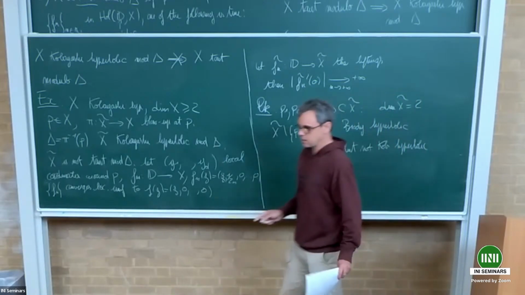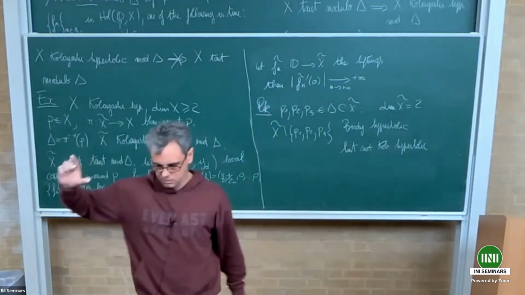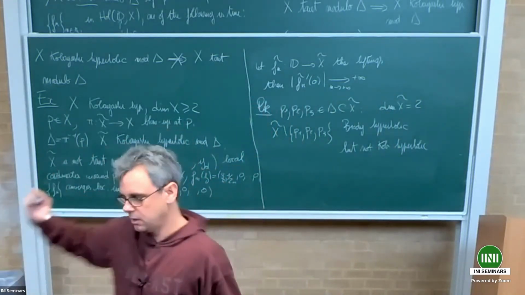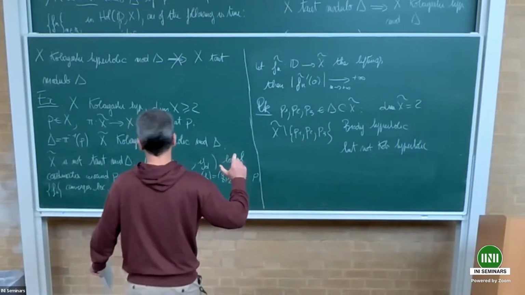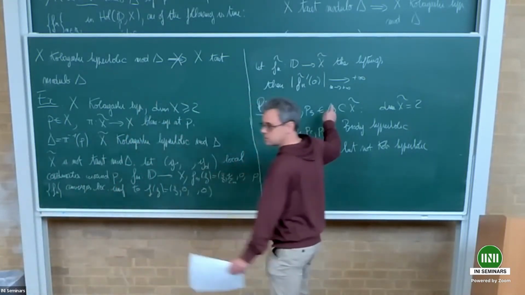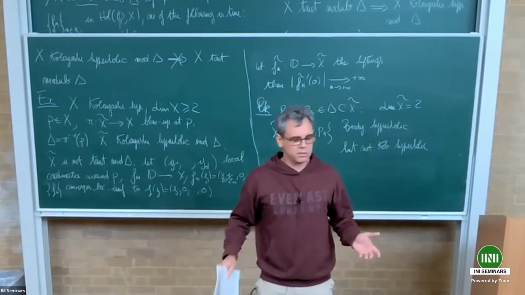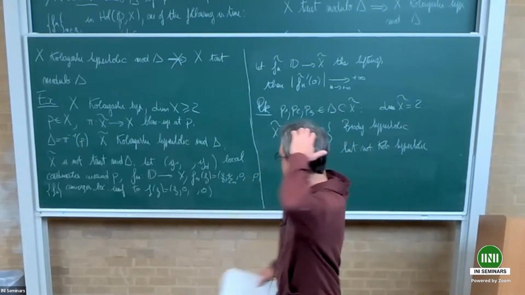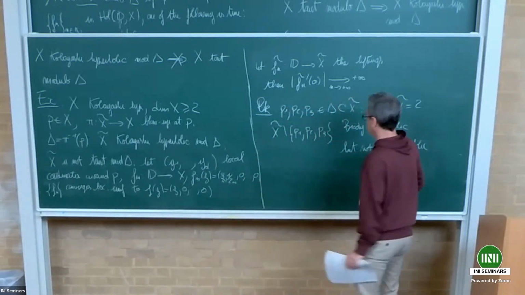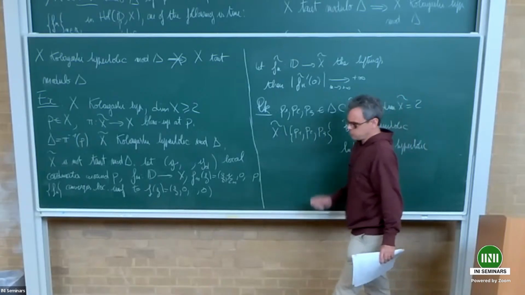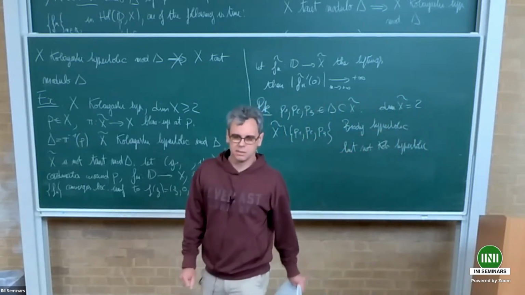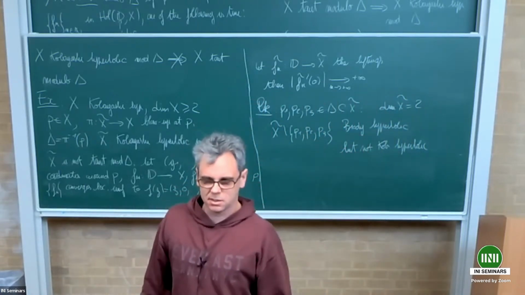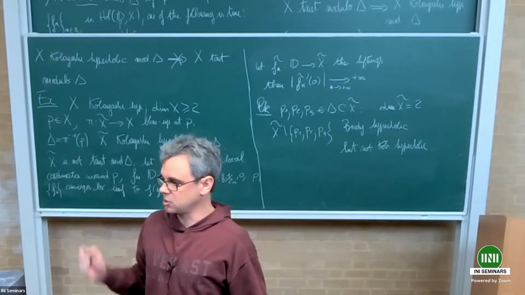And the reason is exactly this: if you take 2 points on the exceptional divisor, the Kobayashi distance will be 0, because of this large disk. There is also another proof, maybe easier: when you remove a codimension 2 subset, the Kobayashi distance doesn't change. It's just the restriction.